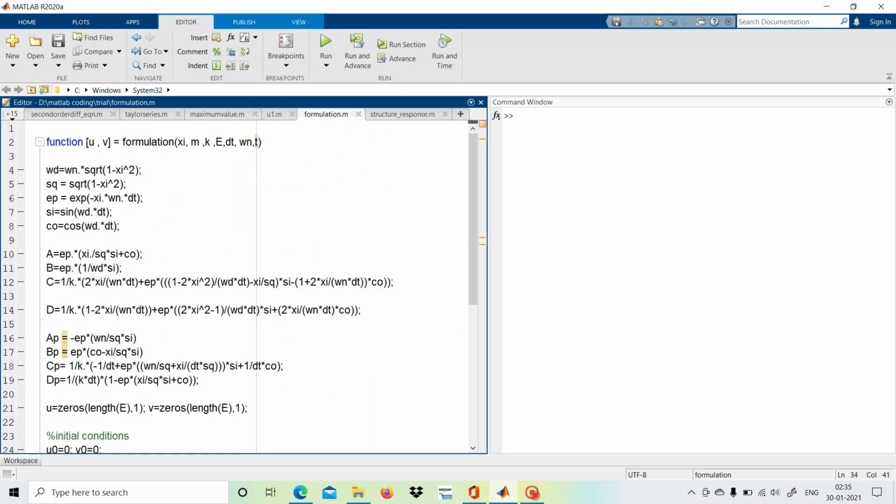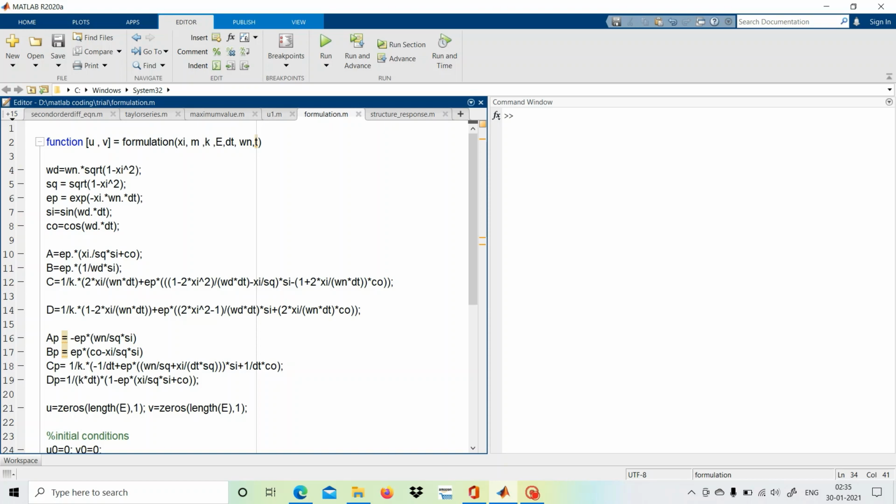So here it is. We want the output of displacement and velocity, and the function name is formulation, and the input is xi, m, k, earthquake values, that is the ground acceleration, dt, omega n and small t. Then omega d, which we know, is the damped frequency, which is omega n times the square root of 1 minus xi square.